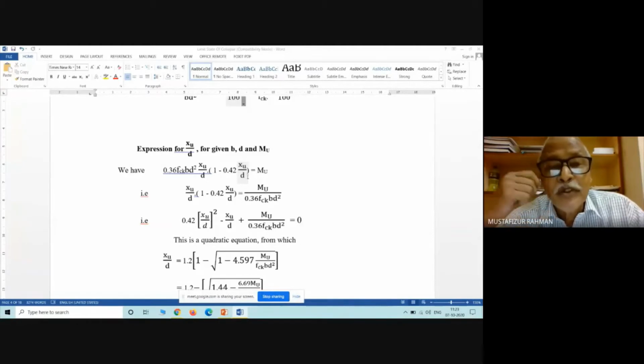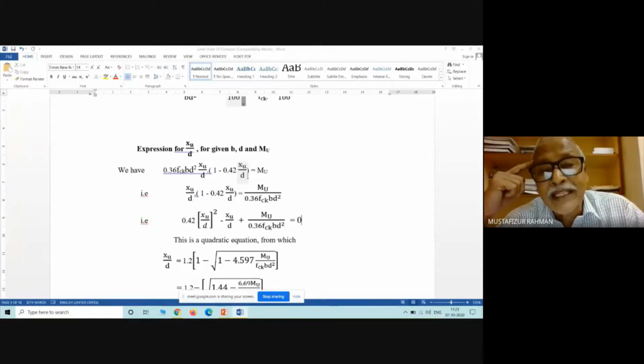Actually, this expression was 0.36 fck b into xu, bracket d minus 0.42 xu. Right? So where is this square coming from?